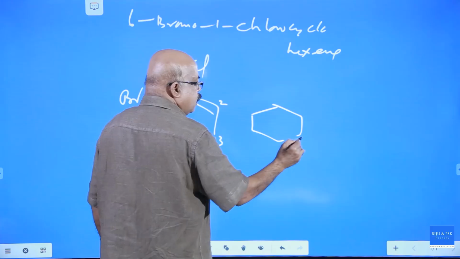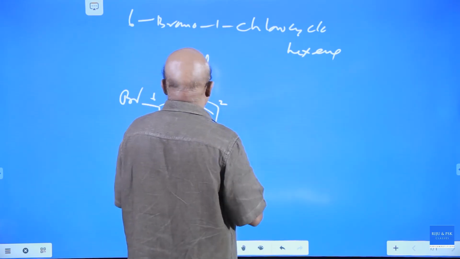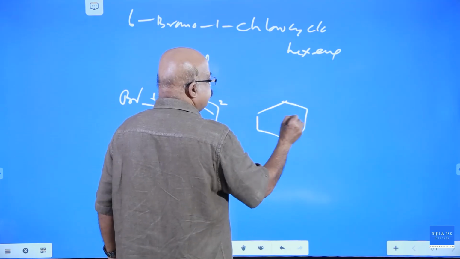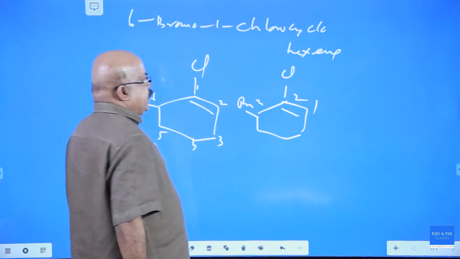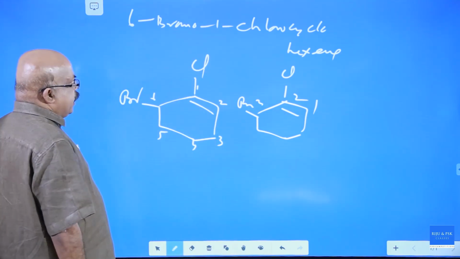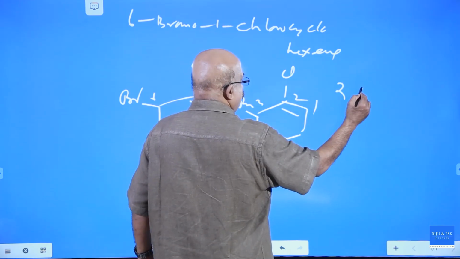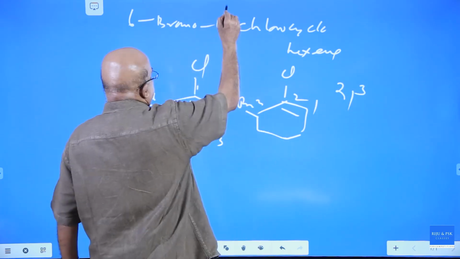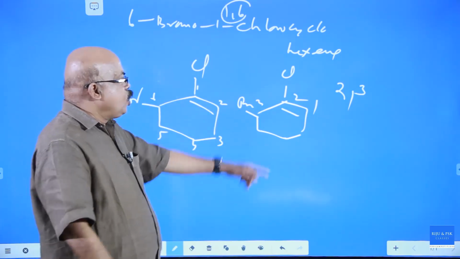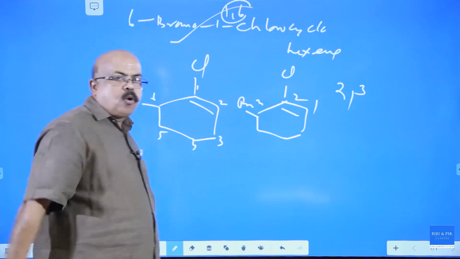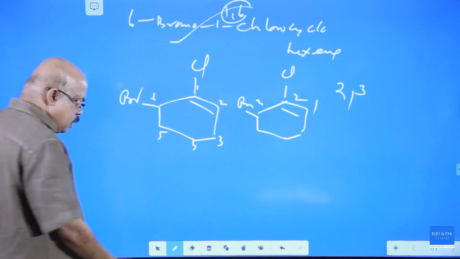If you number the molecule in this way, 1, 2, 3, it is 3-bromo. Here locants are 2 and 3. Here locants are 1 and 6. 1 and 6 is preferable to 2 and 3. This is the correct mode of numbering. Don't make any mistake here. It is very important.